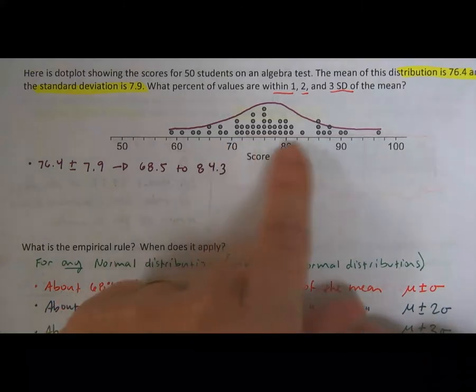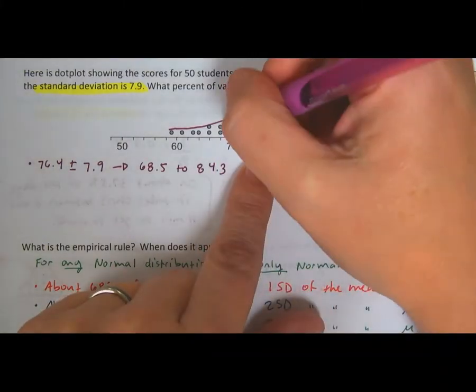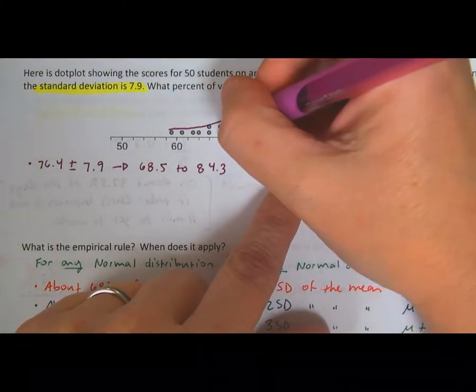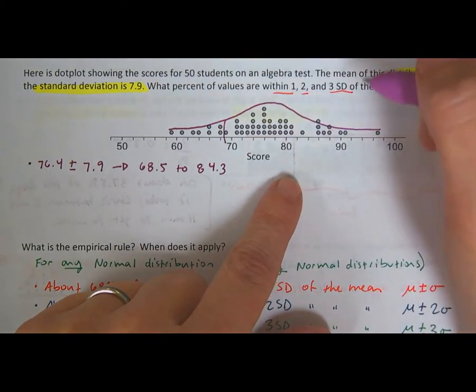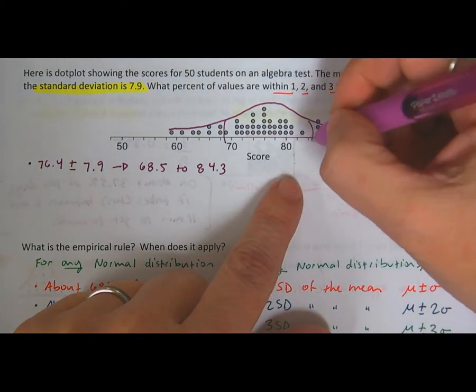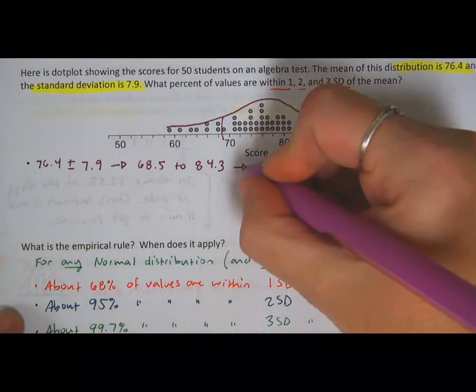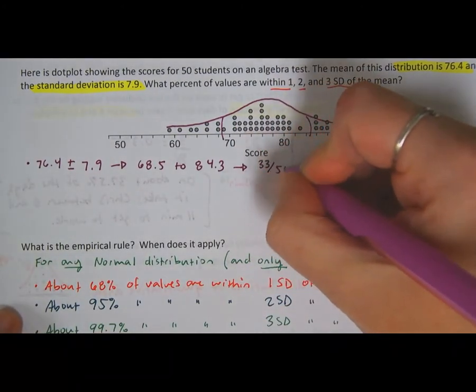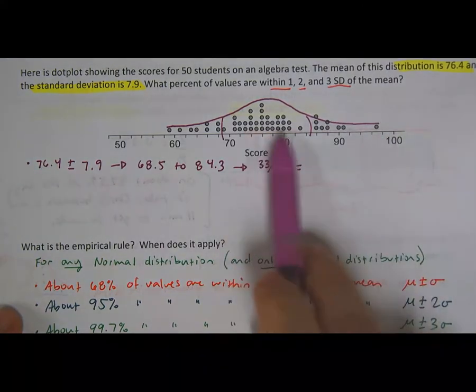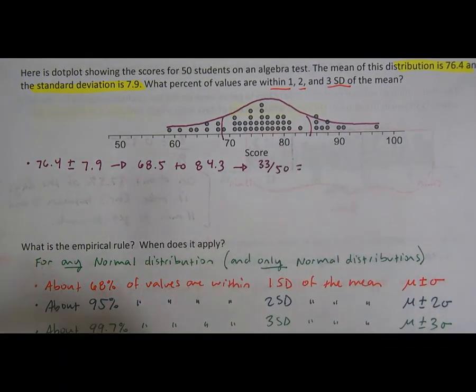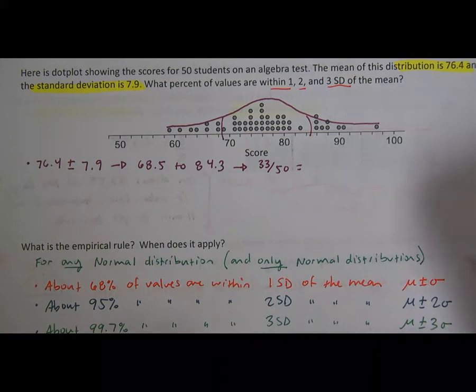So I'm looking up here, 68.5 all the way up to 84.3. If you count all of those little dots, you're going to find that 33 out of the 50 are in that region right there. And 33 out of 50 happens to be exactly 66%.